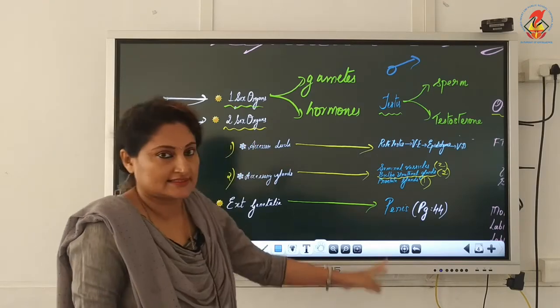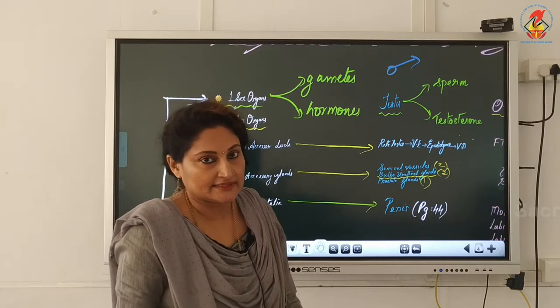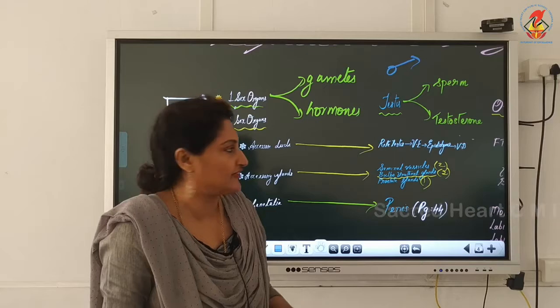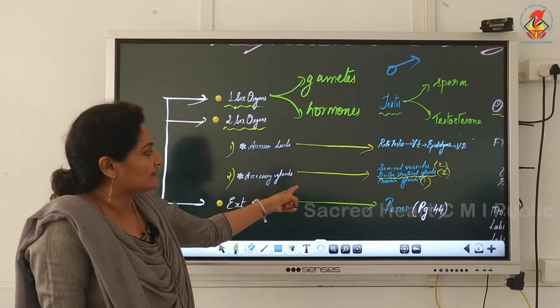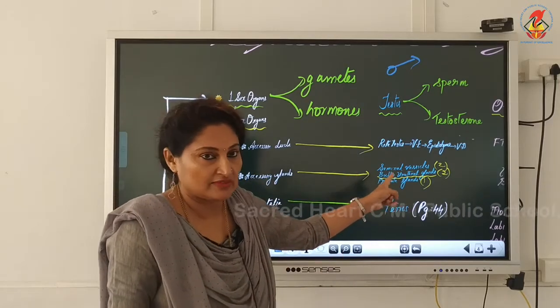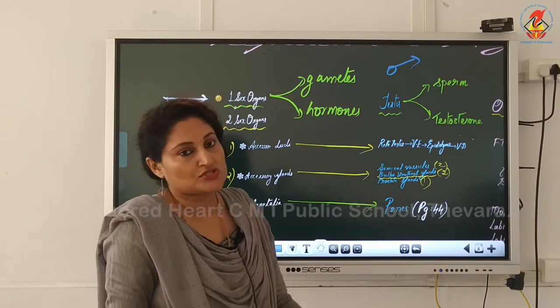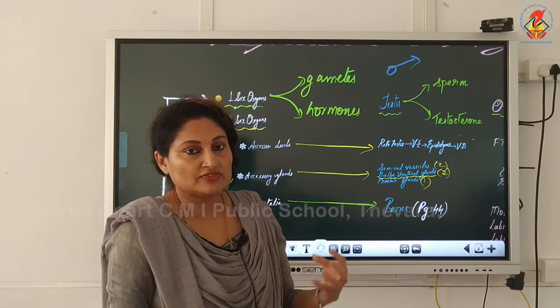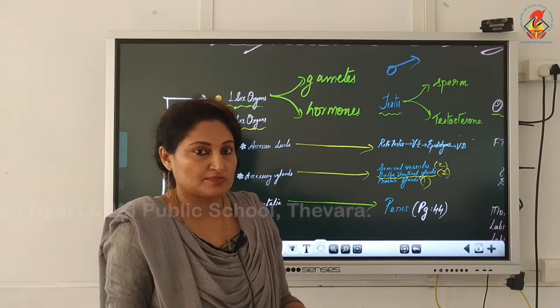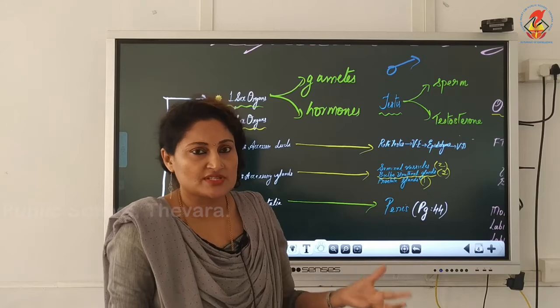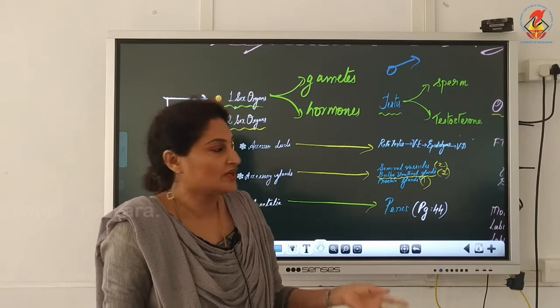The accessory ducts include rete testis, vas efferens, epididymis and vas deferens. And the accessory glands in males involve a pair of seminal vesicles, a pair of bulbourethral glands and a prostate gland. The secretions of these glands are called the seminal plasma, which gives nourishment to the sperms. It contains fructose, enzymes, calcium, etc.